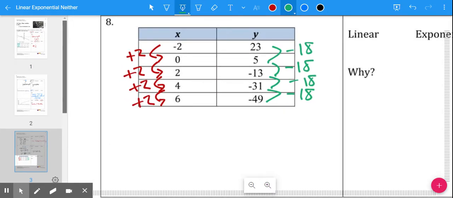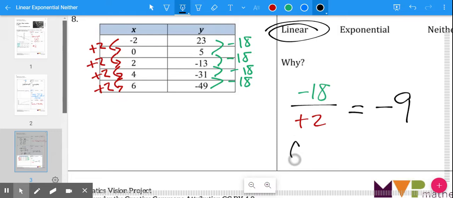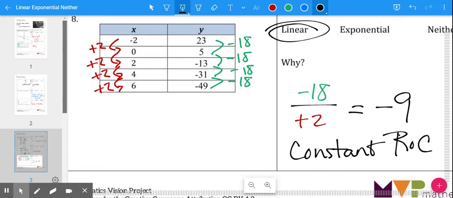So that means we have negative 18 is your change in y over positive 2 is your change in x. And when we do negative 18 divided by 2, we get negative 9. So it is a constant rate of change because it stays the same throughout that whole table. So it's a constant rate of change. Put ROC for rate of change.